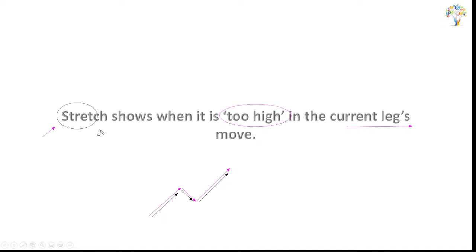The stretch is designed to show when it is too high or too low in that current leg's move, not across legs. It's not too high across these two legs or three legs. It's just in the current leg's move. That is the use of the stretch indicator. That is how I used it in the previous two slides.